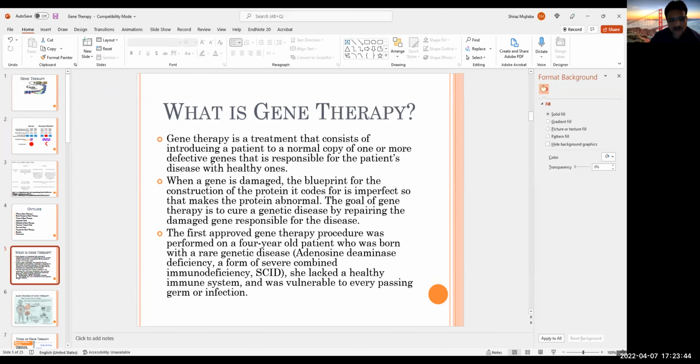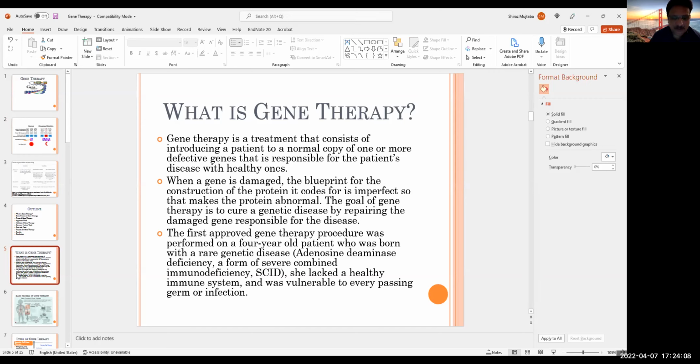So what is gene therapy? Gene therapy is a mode of therapeutic strategy to treat those diseases which are affected by alteration in the sequence of nucleotides in the DNA. And the function of DNA is determined by the protein it codes for, right?